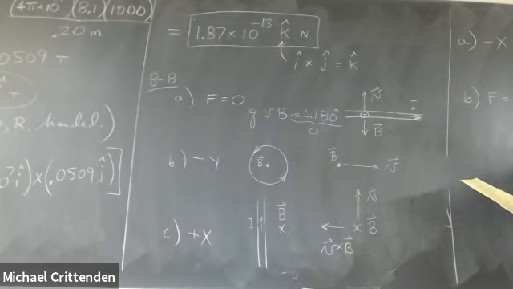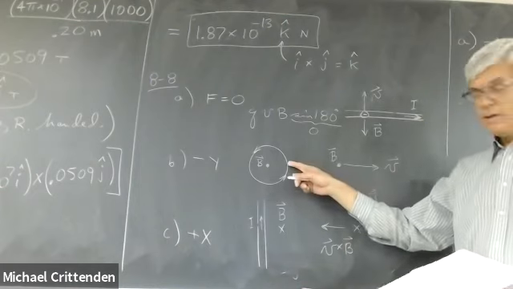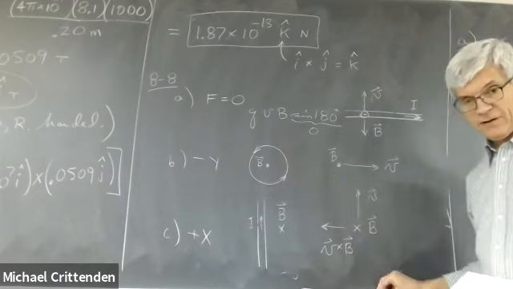I've got a loop of wire. This time, the current is going around clockwise, which is going to create a magnetic field that points away from you. Over here, counterclockwise was positive.